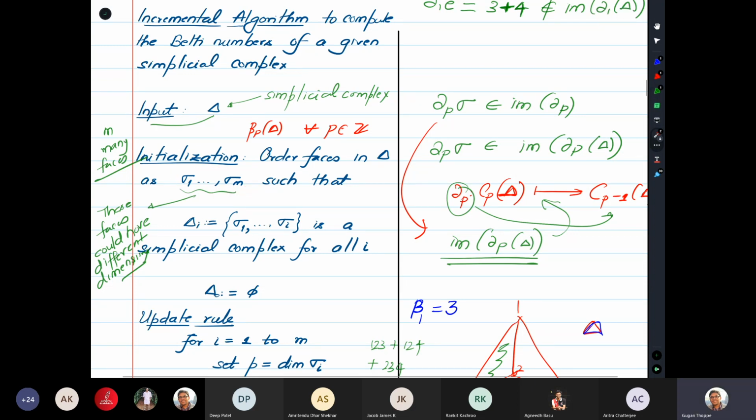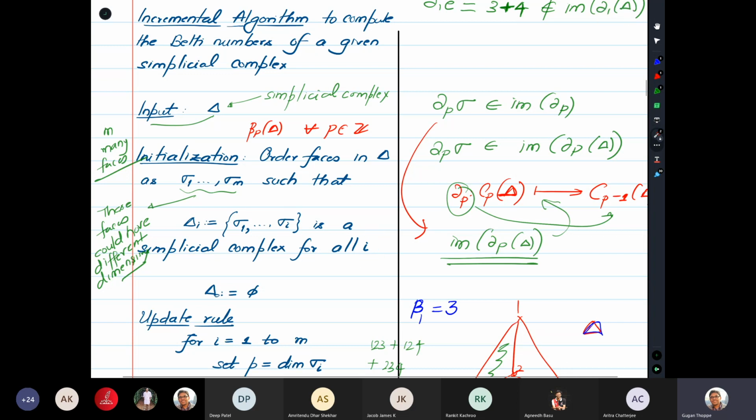The ordering should satisfy the following condition: if you look at the first i faces, sigma 1, sigma 2, up to sigma i, this is a collection of faces. So delta i is the collection of faces from sigma 1 to sigma i. This collection must be a simplicial complex for all i.